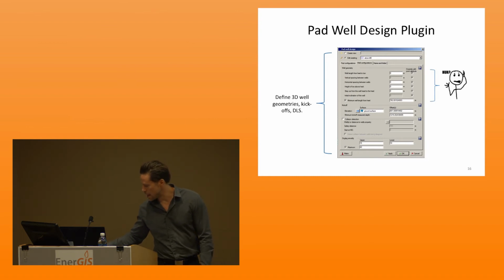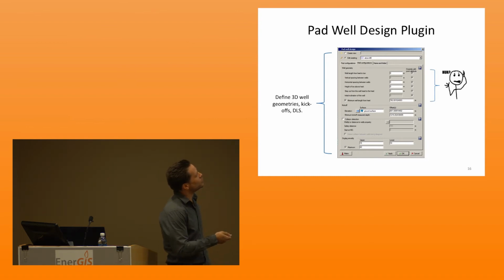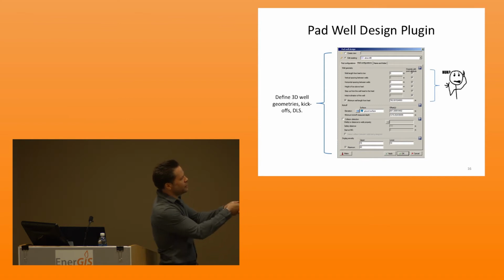The second tab is where you define the 3D well geometries, the kickoffs, the dogleg severities. This part is a little strange because all these were previously defined in the other plugin, and you can override that information here if you wanted to, but I'm not exactly sure why you would want to.